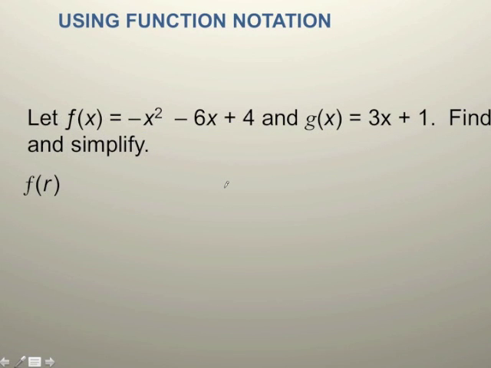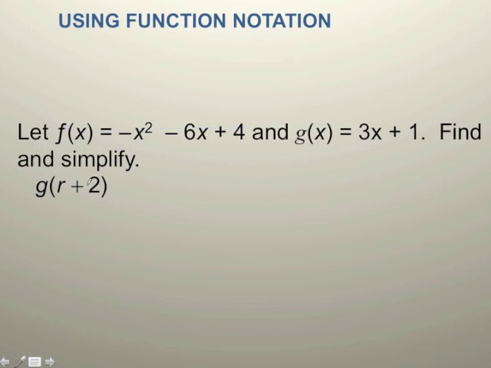For this one, we're finding f of r. So what we're doing is we're taking that f of x function, and wherever there's an x, we're putting an r. So it becomes negative r squared minus 6r plus 4. Now this one we want to actually find a g of something. We hadn't done that yet. So g of x is 3x plus 1.